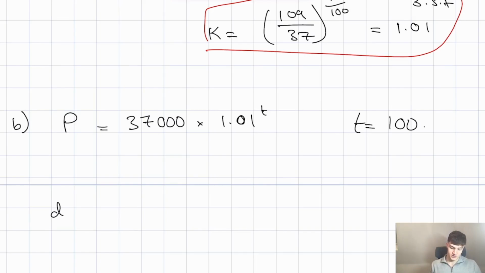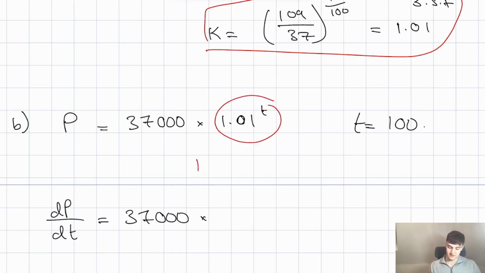As we saw in the previous question, we can differentiate these exponentials pretty easily. It's going to give us 37,000 times, and when we differentiate this, we get the natural log of the base times the thing itself.